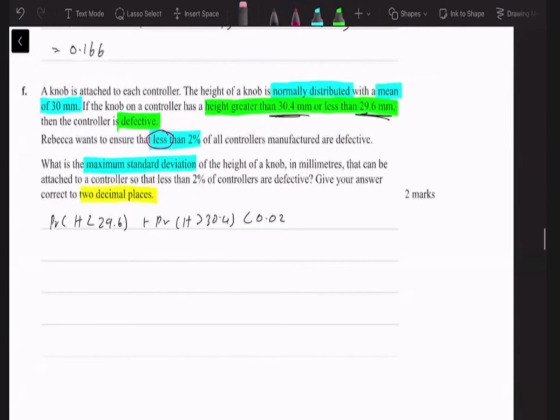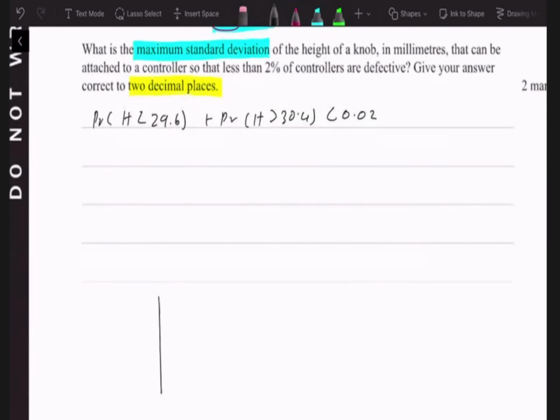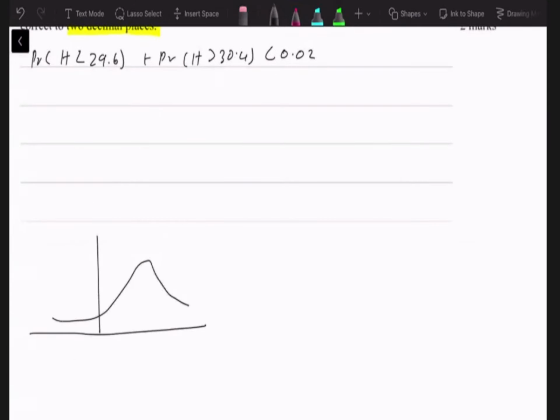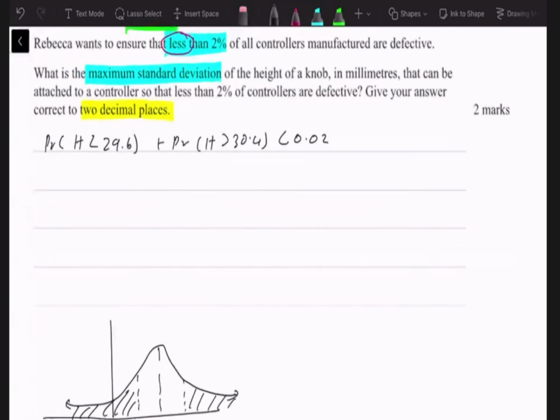The thing to realize with this question is that if we draw our normal distribution curve with a mean of 30, it approximately looks like this. So 29.6 is here and 30.4 is here. The probability that h is less than 29.6 is actually the same as the probability that the height is greater than 30.4.